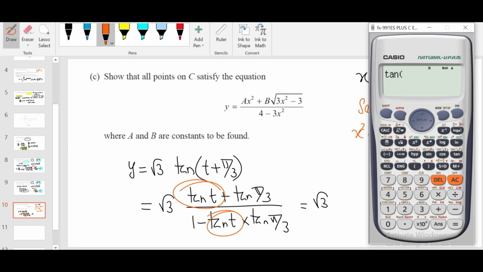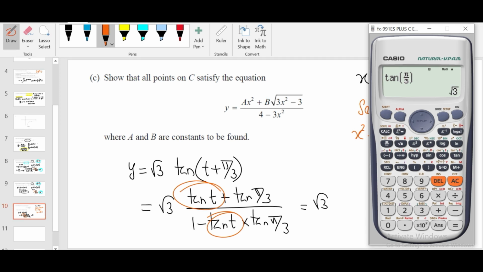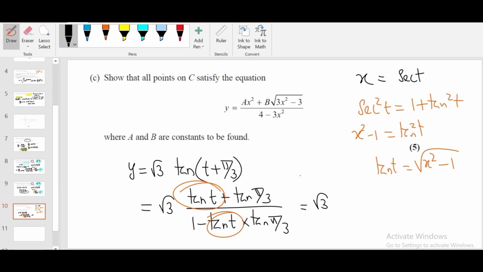Make sure the calculator is in radian mode. Tan pi over 3 is root 3. So I can write this as tan t replaced by square root of x square minus 1, plus tan a plus tan b, root 3 divided by 1 minus square root of x square minus 1 times root 3.